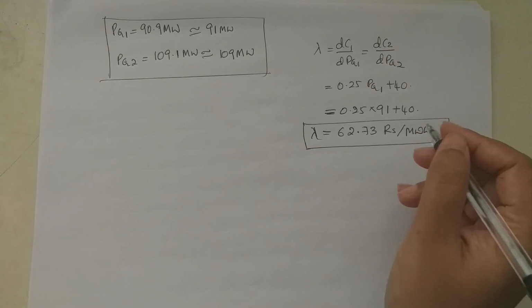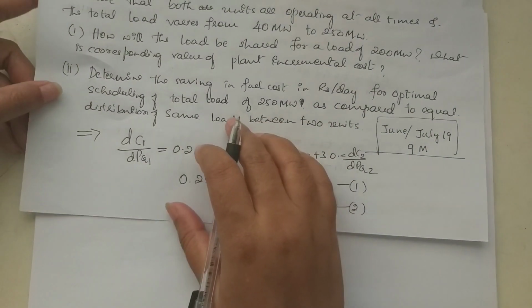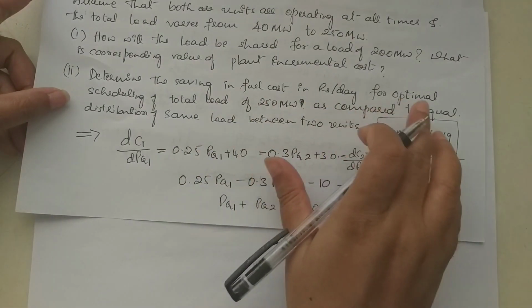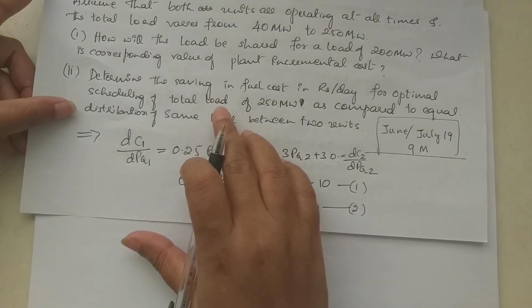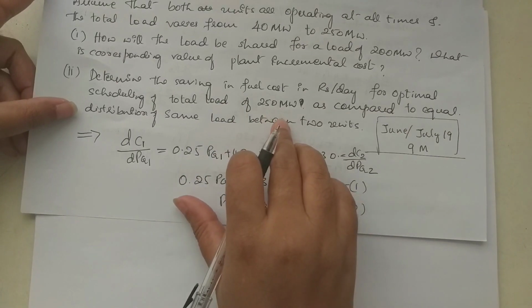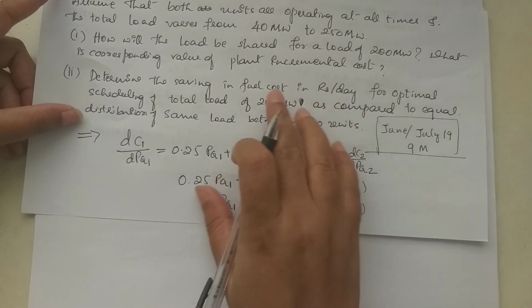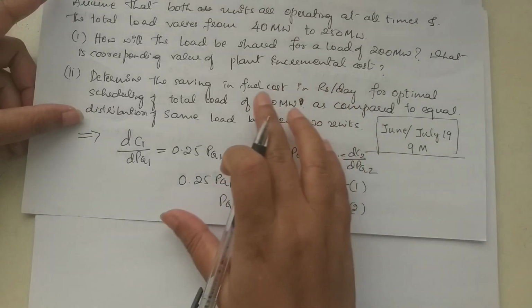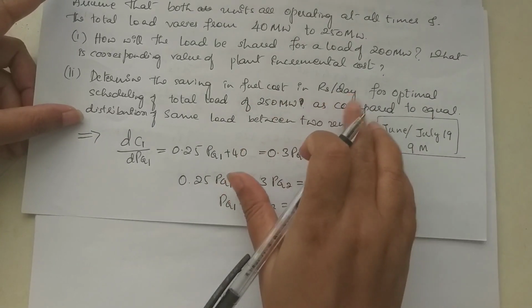The second question: determine saving in fuel cost in rupees per day for optimal scheduling of total load of 250 megawatt. Before calculating saving in fuel cost in rupees per day, we'll calculate saving in fuel cost in rupees per hour.